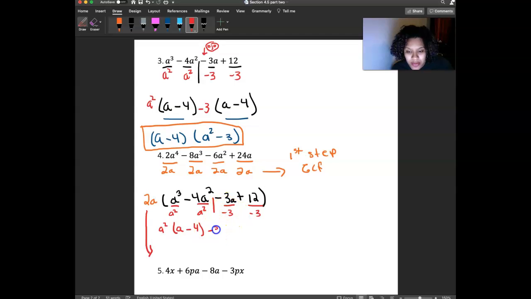Here I have a negative 3, open parentheses, I have a minus 4. So I need to finish, right? The binomials are the same, which means I can bring that down. A minus 4. Left over, a squared minus 3.